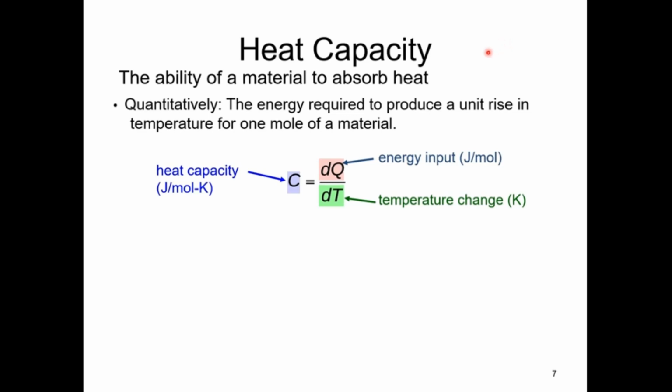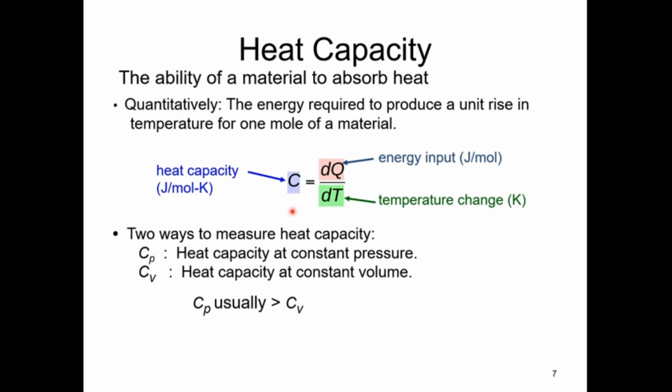Or we can represent this in a mathematical equation here: heat capacity C equals delta Q, the change in energy input, divided by the change in temperature. And the unit for heat capacity is joule per mole per Kelvin.